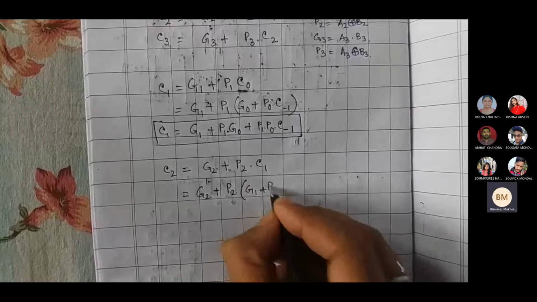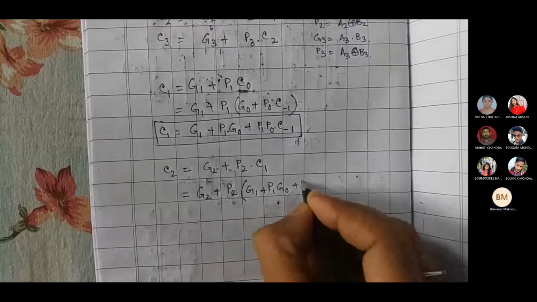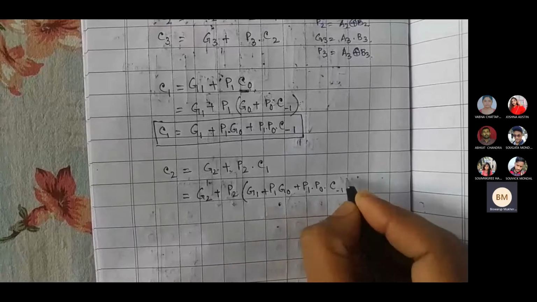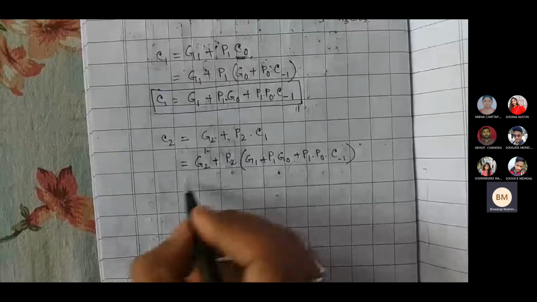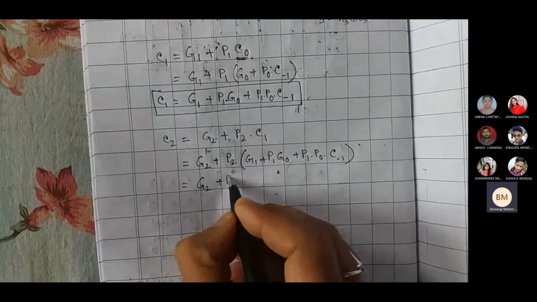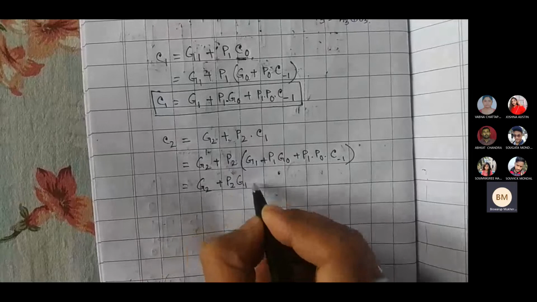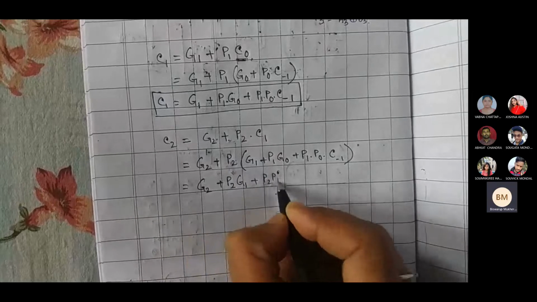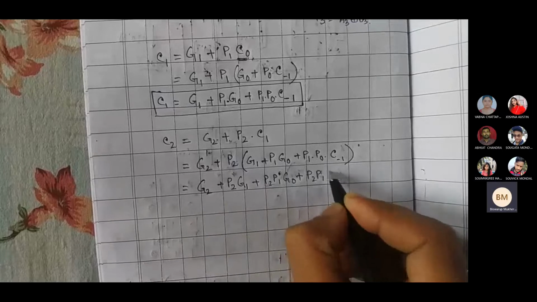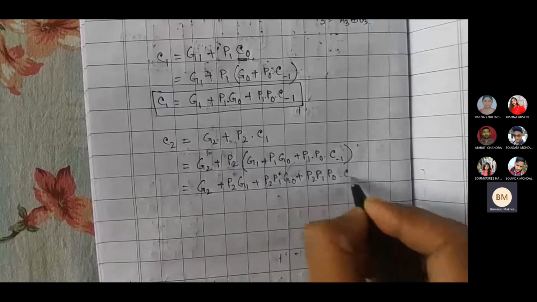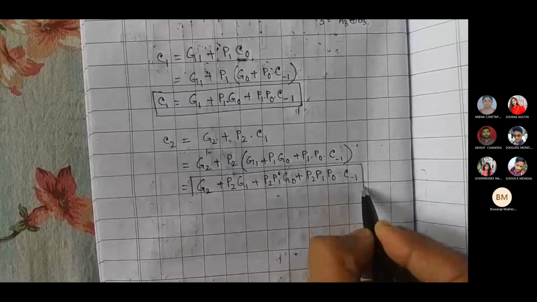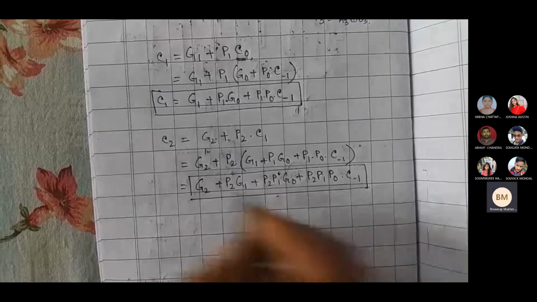G1 plus P1 G0 plus P1 dot P0 dot C minus 1, okay? Or else if I remove the bracket entirely, that is G2 plus P2 G1 plus P2 P1 G0 plus P2 P1 P0 dot C minus 1, right? This one is actually your C2.